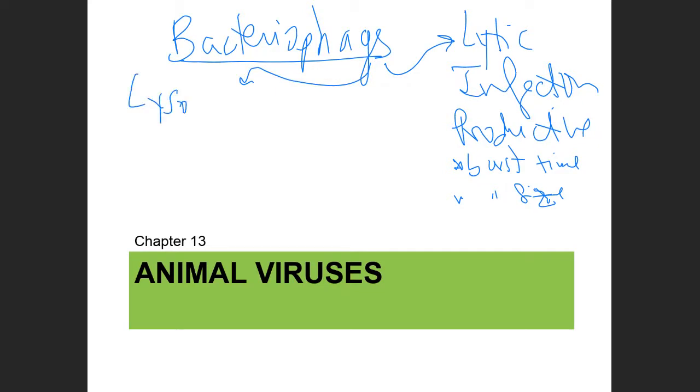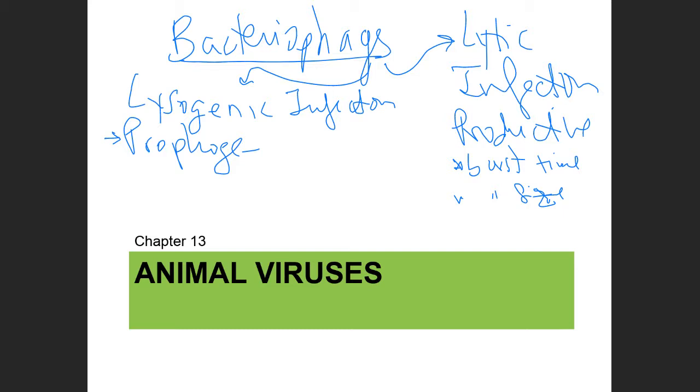So some bacteriophages can go through lysogeny. And in a lysogenic infection, the DNA of the virus, which was called a prophage, was introduced into the host's genome, and it will remain there indefinitely, replicating as the bacteria replicates.